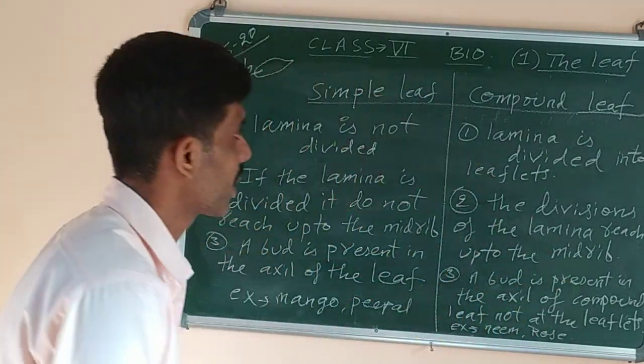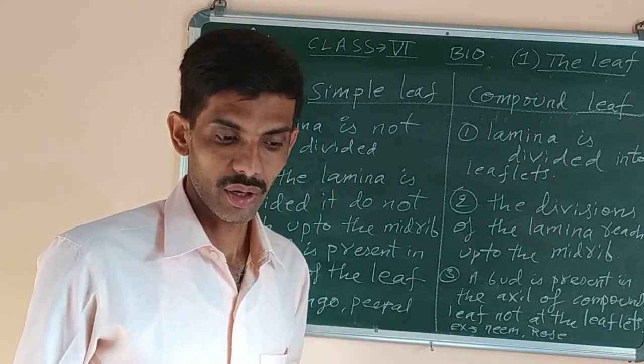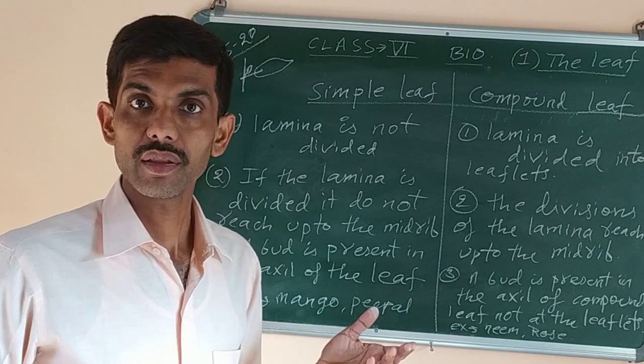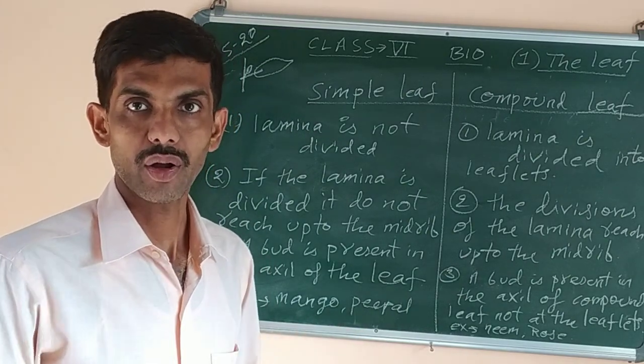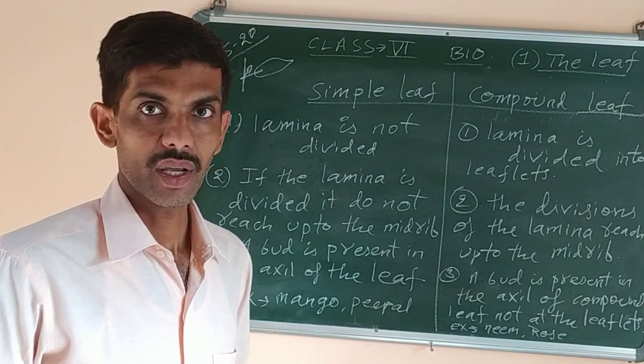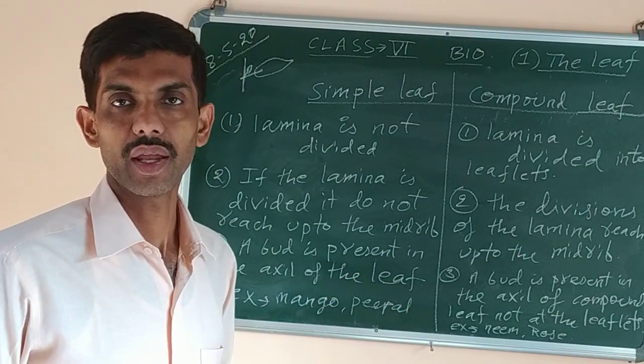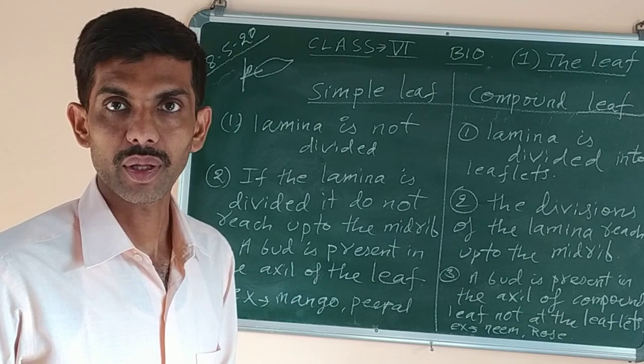Okay. So what we studied today, try to recall. We started our lesson with the leaf. A leaf is a green, flat, thin part of the stem. It is attached to the stem with the help of a node, and it helps to prepare food for the plant.